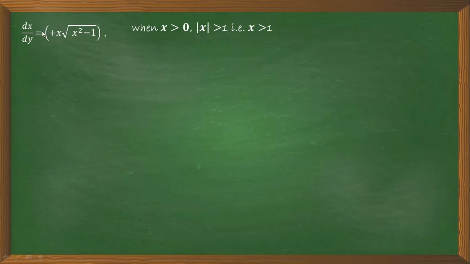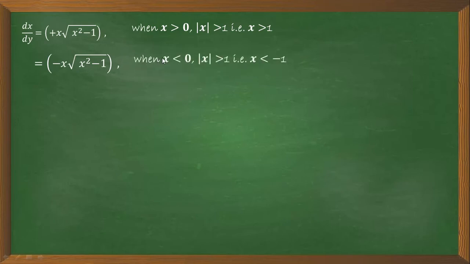So we can take dx by dy is equal to plus x into root of x square minus 1. Similarly, we can take minus x into root of x square minus 1 when x is less than 0, modulus of x greater than 1, that is x less than minus 1. Means there are two conditions.